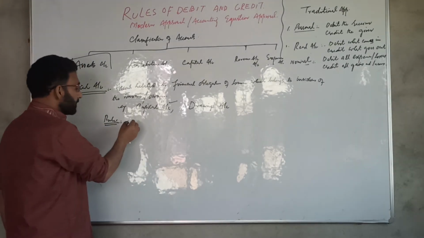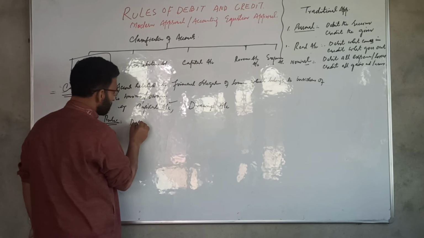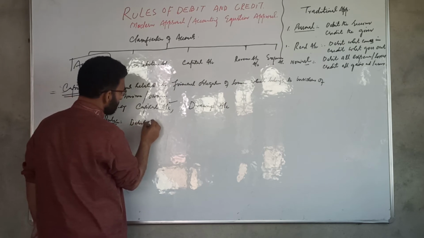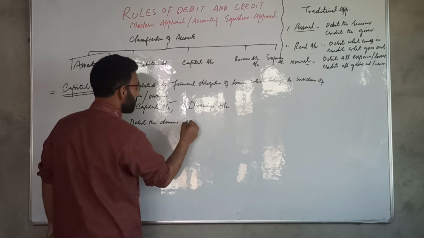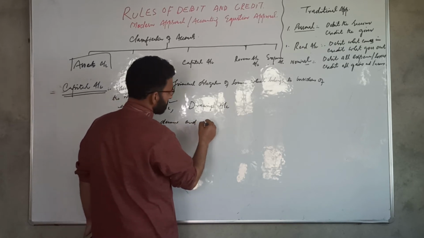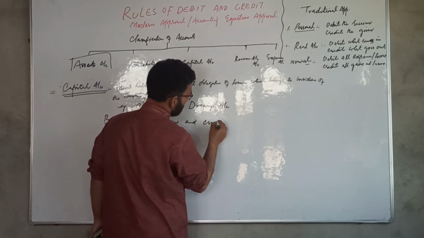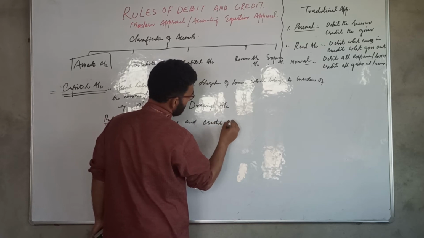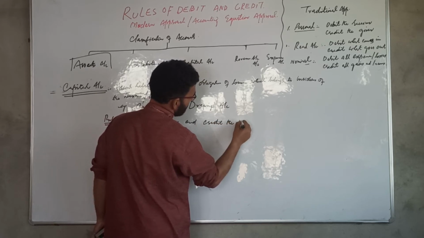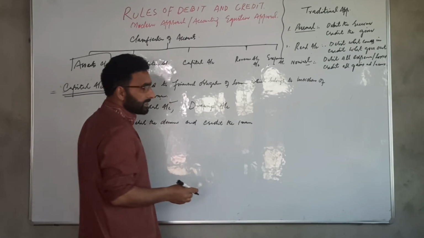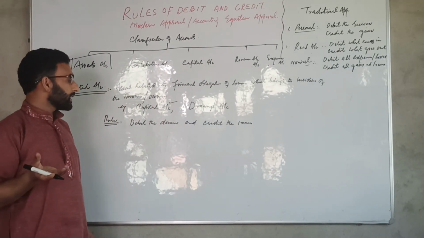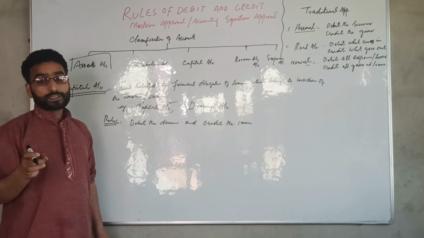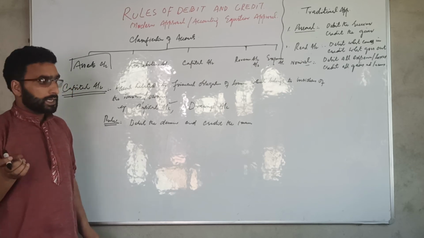The rule is debit the decrease and credit the increase. When there is any increase in the capital account, the capital account is credited. When there is any decrease in the capital account, it is debited.